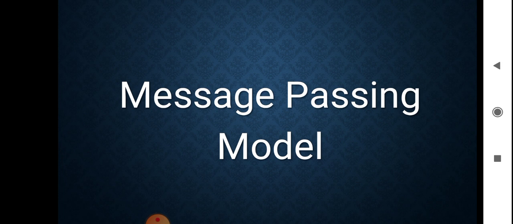As you know, in a shared memory system, we exchange data between the cooperating processes by sharing the memory. Hence the model name is shared memory.